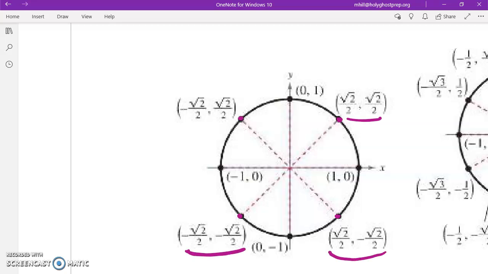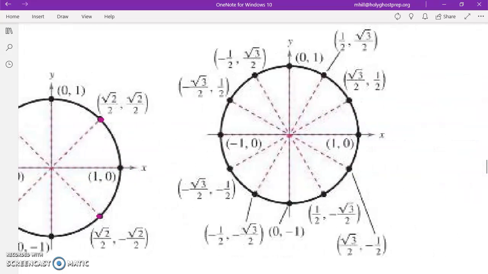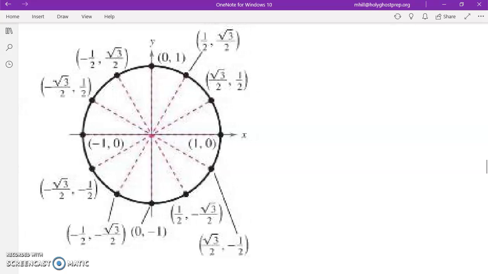In quadrant 4, just the y is negative, and in quadrant 2, our x's are negative. So hit pause and draw this unit circle by itself. Draw in your 8 slices and write your coordinates down. All right, so let's take a look at this one.